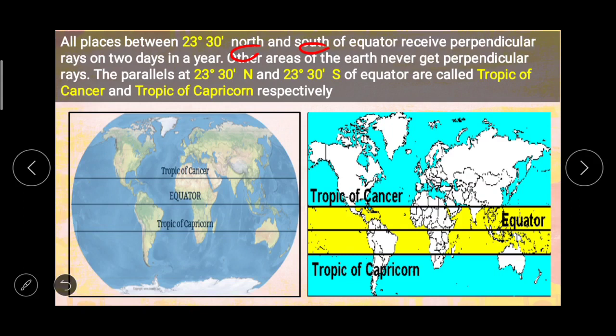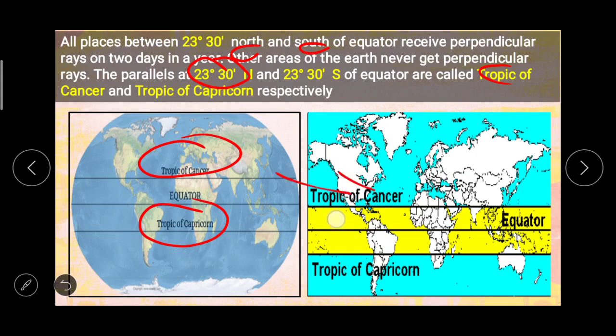The parallels at 23 degrees 30 minutes north and 23 degrees 30 minutes south of the equator are called the Tropic of Cancer and the Tropic of Capricorn respectively. Here you can see the Tropic of Cancer, Tropic of Capricorn.